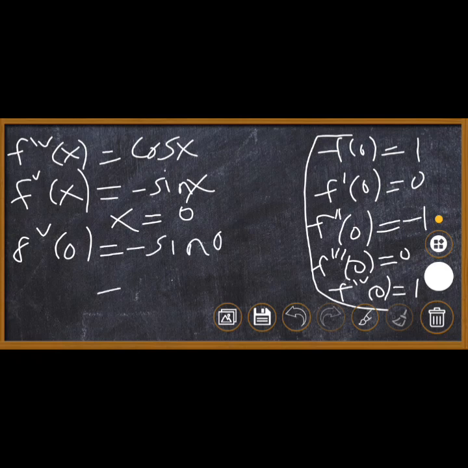So what's the value of sine of 0? It is just 0. So even if we have negative there, it's just going to be 0. So in this case then, our fifth derivative of 0 is going to be 0.